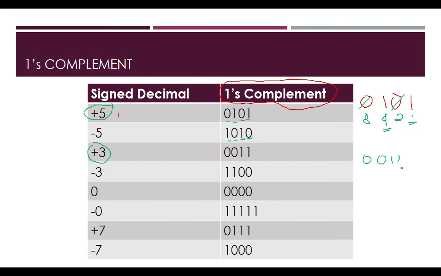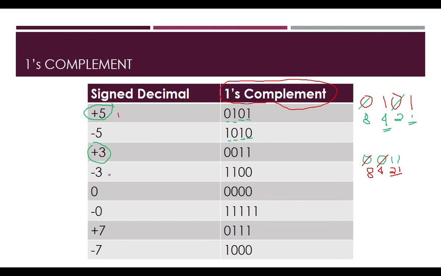Let's write the equivalent of each bit: this is 1, this is 2, this is 4, and this is 8. We cancel those zeros, so what is left is the 2 and 1. Adding 2 and 1 gives 3. That is why positive 3 is 0011.